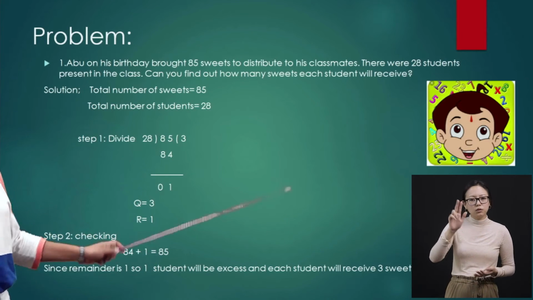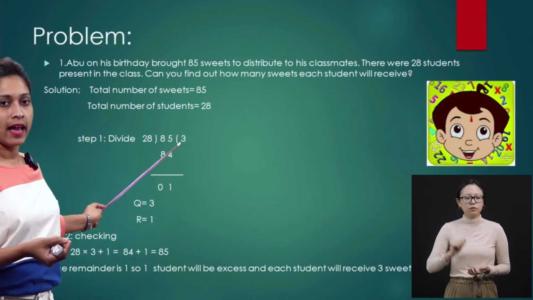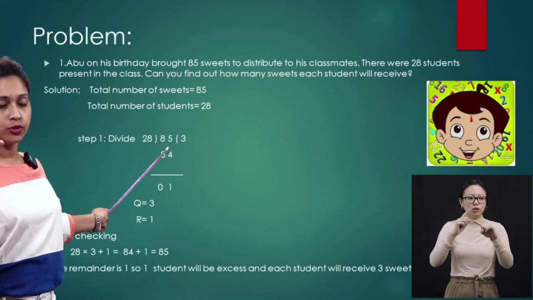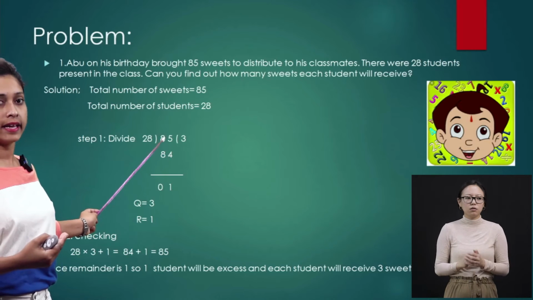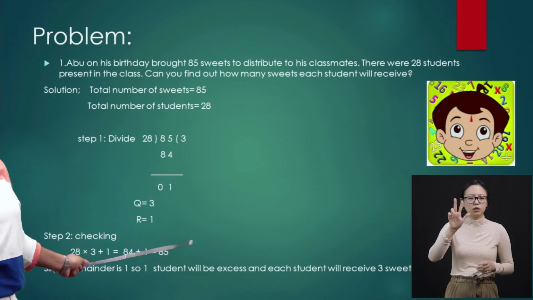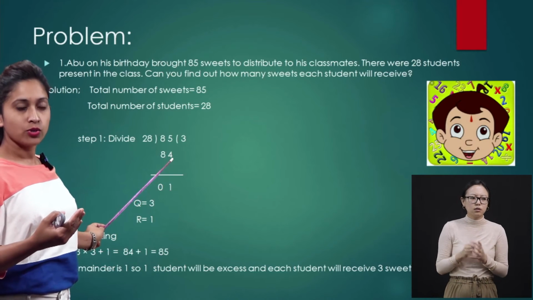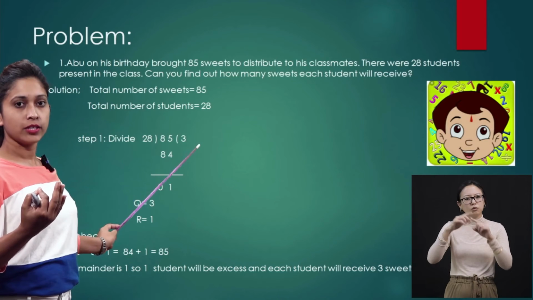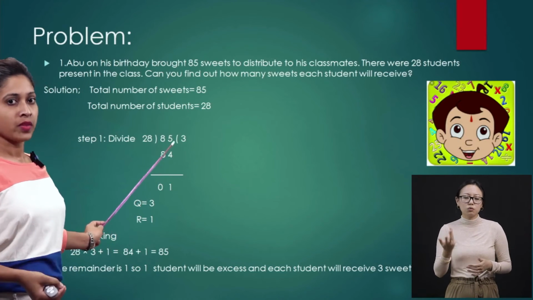So when you put 28 into 1, it will be very less and not even close to 85. So if you do 2 times, even that number will be very much less than 85. So the number which is very close to 85 is 84. So that will come in 3 times. 28 into 3, when you do, you will get 84.